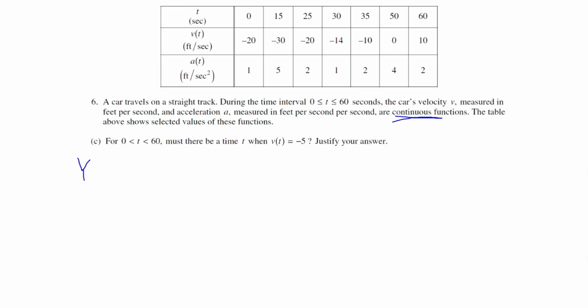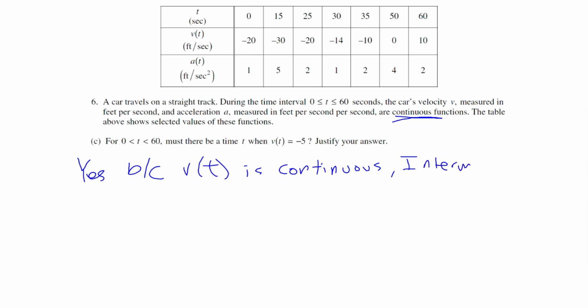So you can say yes, because v of t is continuous, the intermediate value theorem applies. And actually we should be good about this, we should write it out.